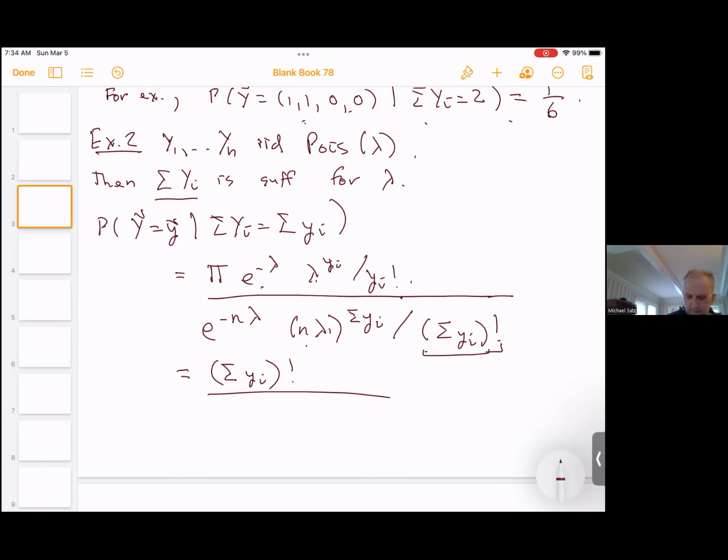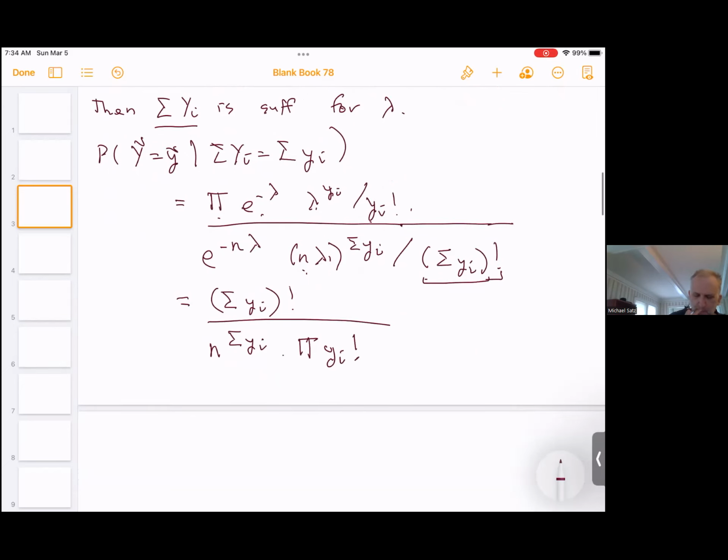I just have n to the sum of yi, and I have the product of the yi factorials. Okay. Looks all right. Notice not a function of lambda.